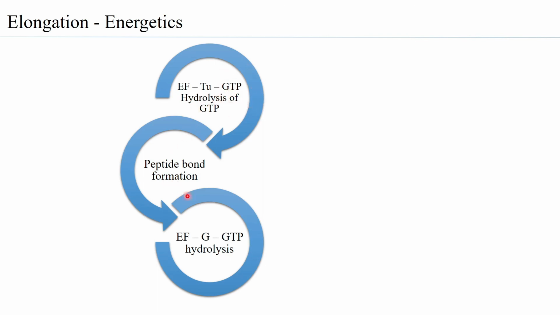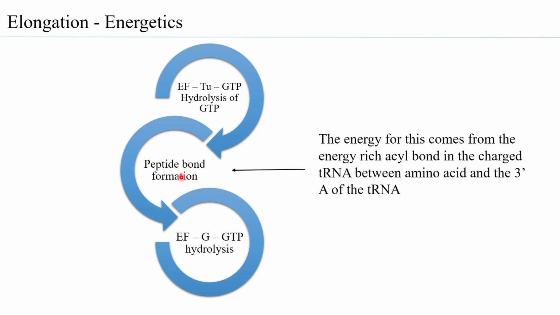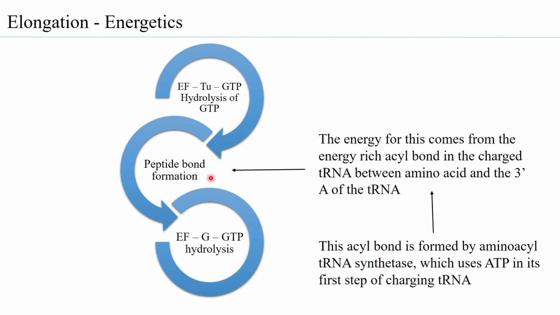The next is the peptide bond formation itself. But here no exogenous nucleotide is used. Why? Because the high energy is coming from the acyl bond. And from where did the acyl bond come? The acyl bond came from the fact that the tRNA, when charged with an amino acid, the aminoacyl tRNA synthetase uses an ATP to form that acyl bond between the amino acid and the tRNA.